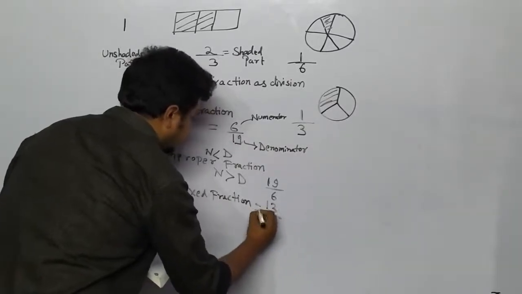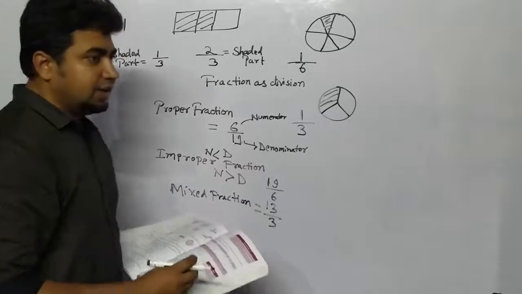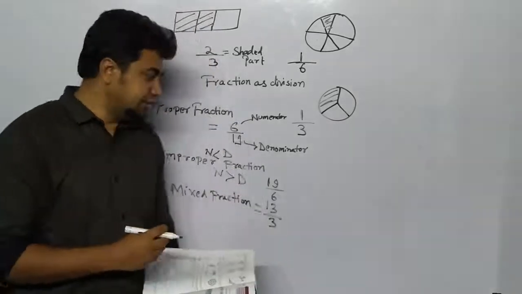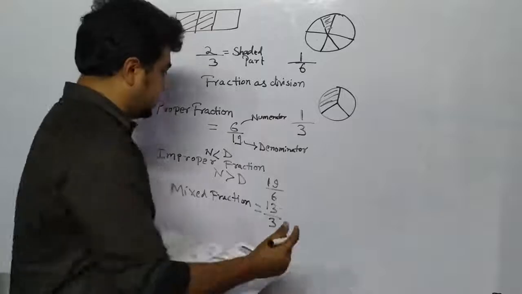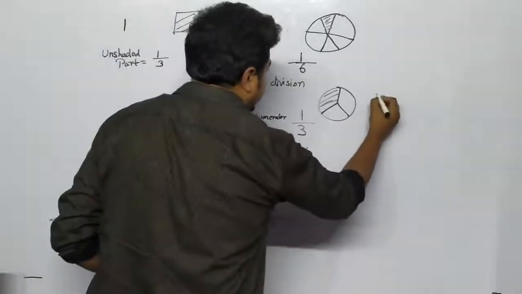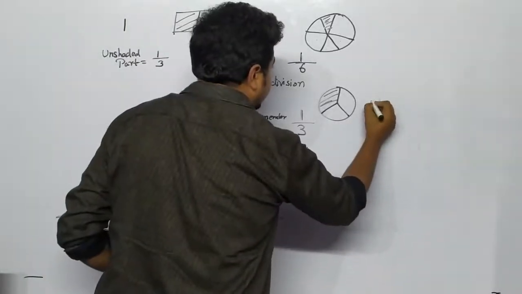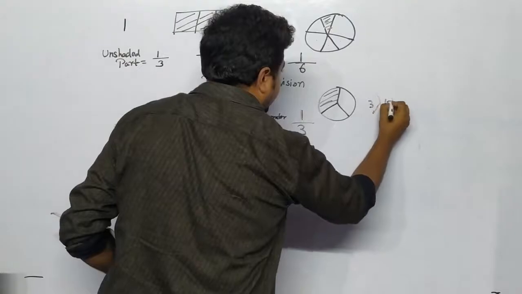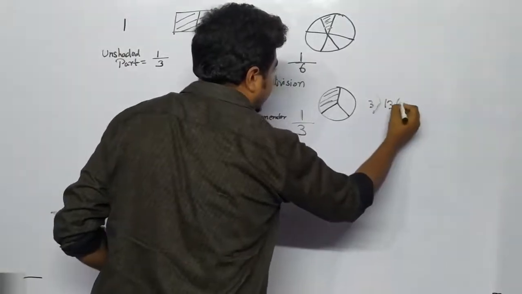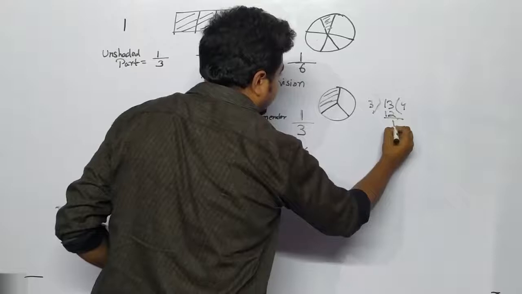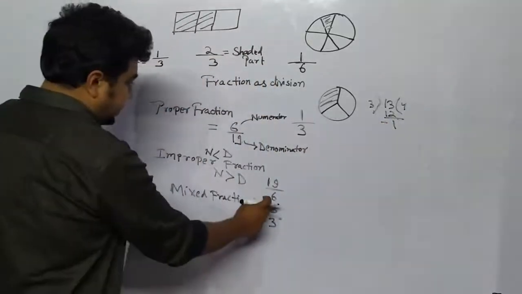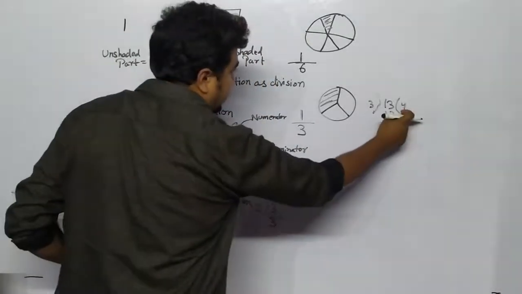You can represent it as a whole number as well as a proper fraction, that is known as a mixed fraction. 13 divided by 3, what can you write? 3 fours are 12. 1 is left here. When I am dividing 13 by 3, 4 is the quotient.